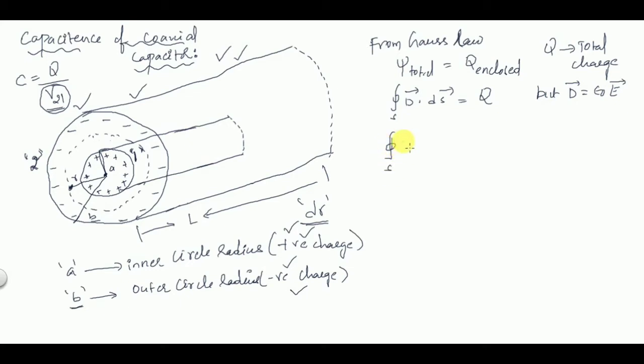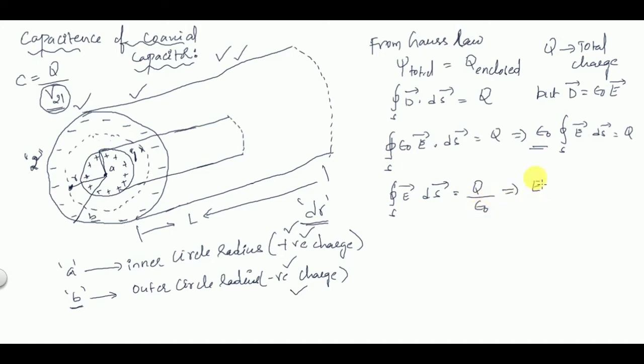So the integral over S of epsilon naught E bar dot ds bar is equal to Q. Epsilon naught is a constant, so you can write it outside the integration: epsilon naught times the integral over S of E bar dot ds bar is equal to Q. Sending epsilon naught to the right-hand side, E bar times the integral over S of ds bar is equal to Q by epsilon naught.